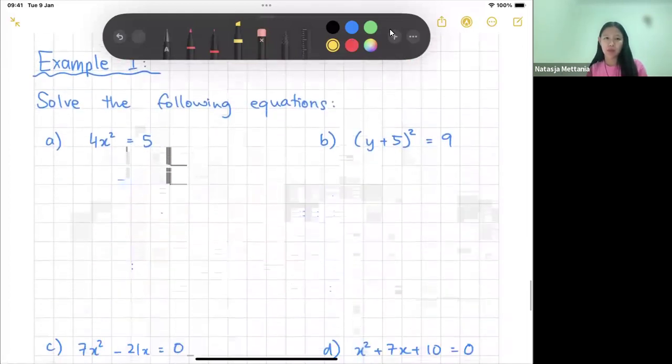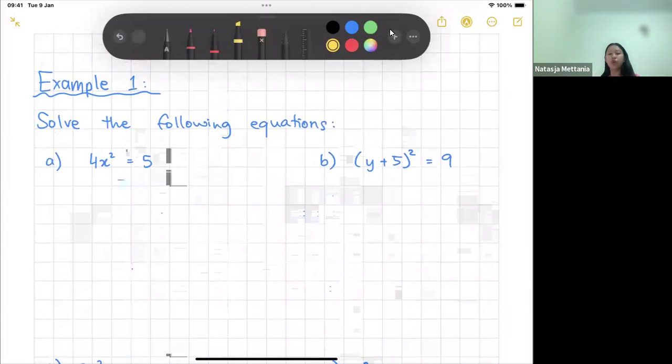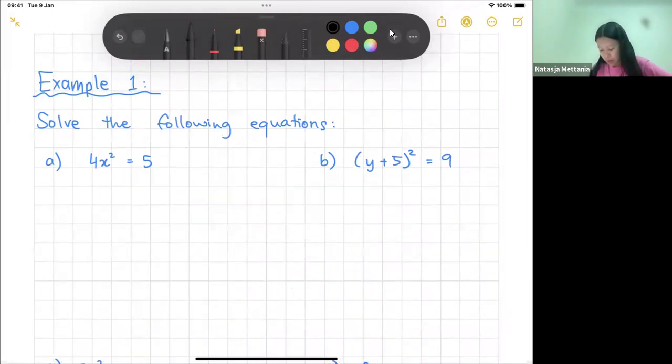Let's go. Example number 1. Solve the following equations. The first one is 4x squared equals 5. Now, equations have everything to do with doing the opposite of things, and finding what x or y or whatever letter is equal to. So I know that my goal is going to be x equal to something.